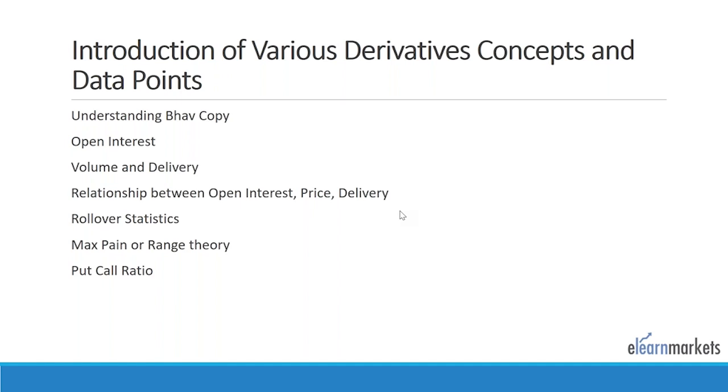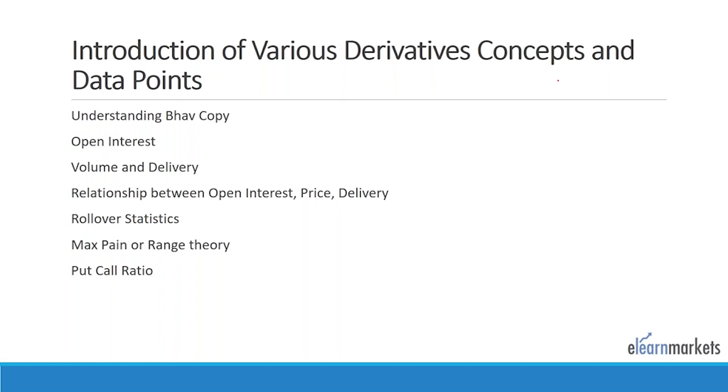So somehow managing your EQ becomes as important as managing your IQ in the market. So till this moment of the presentation, my focus was to give you more of a trader psychology perspective of the market. Now I'm going to talk about data, because ultimately data analysis is also important beyond understanding the trading psychology.